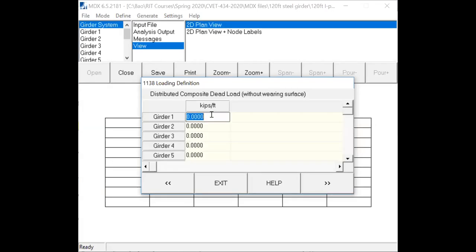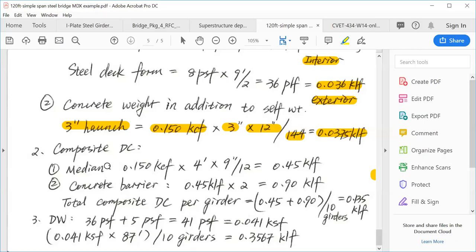And for girder 1, this is the composite load including, for this one, the median and the concrete barrier. So let's take a look at the load. And we have a composite DC and a median and a concrete barrier. So we have a total, based on the median and concrete barrier, of 0.45 plus 0.9 divided by 10 girder lines, and we get 0.135 kips per linear foot.